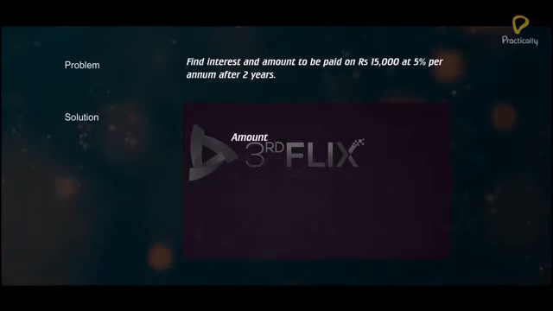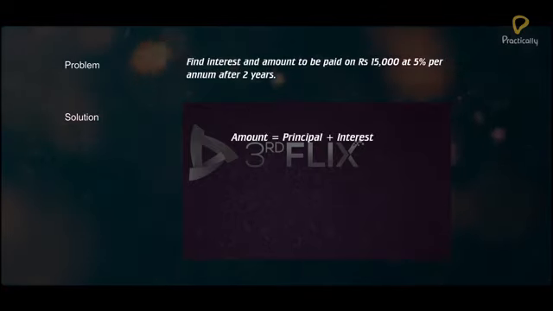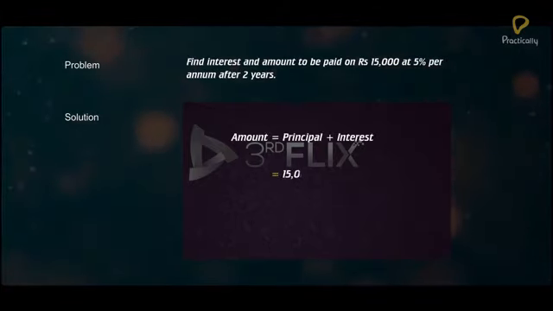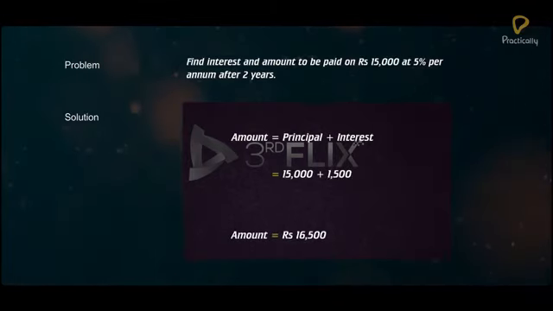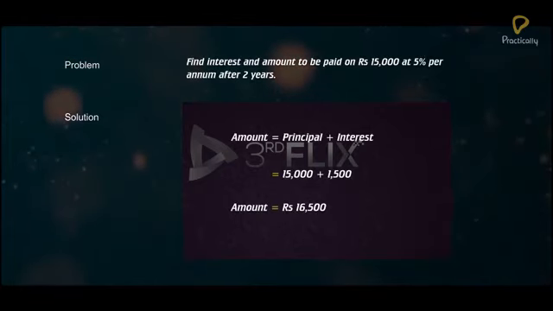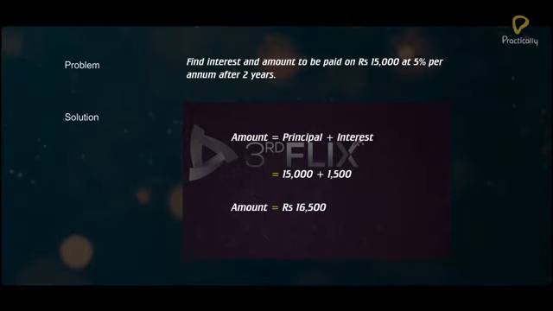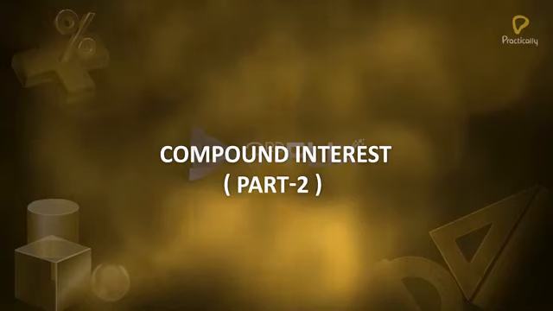Amount A is equal to principal plus interest, that is 15,000 plus 1,500, which is 16,500. Hence, the amount is equal to rupees 16,500. Compound interest.